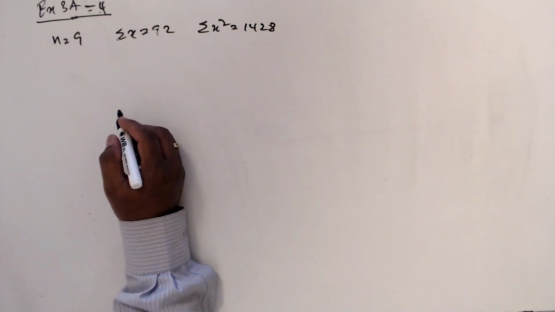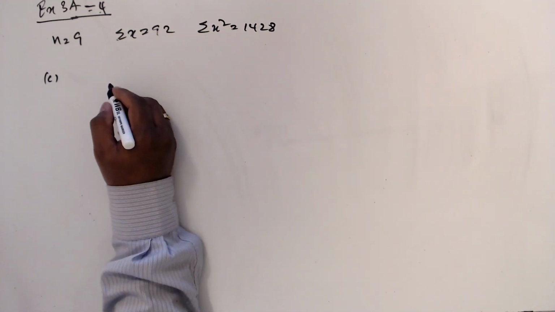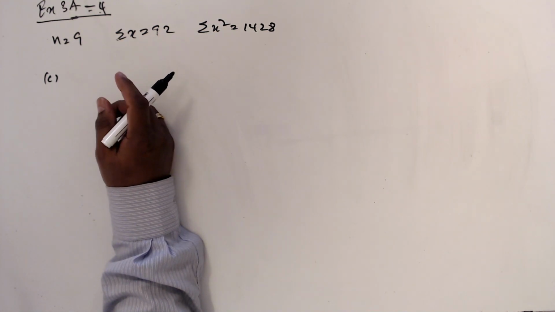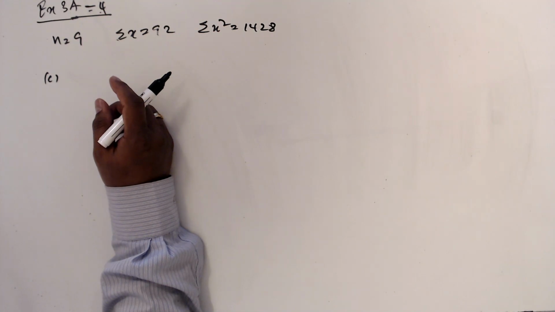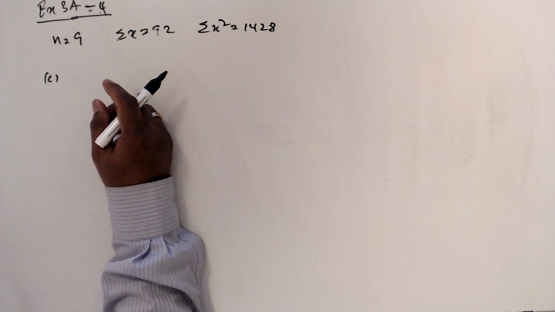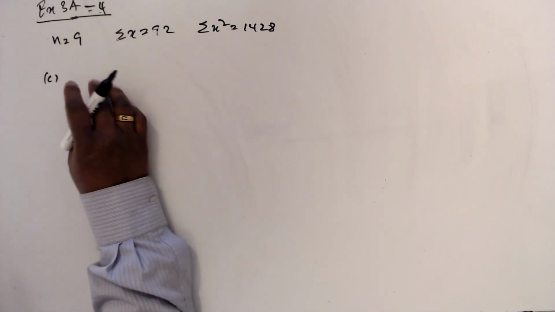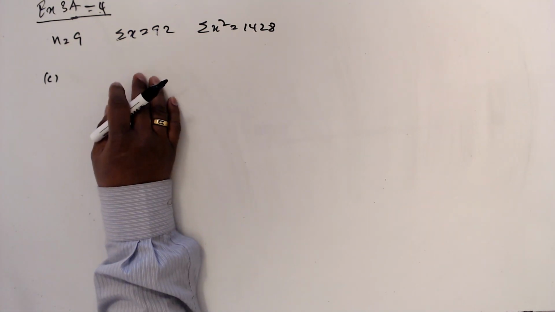Now, part C in this question suggests a reason why this age could be a legitimate data value. So we are discussing a data set about age, the age of people at a children's party.